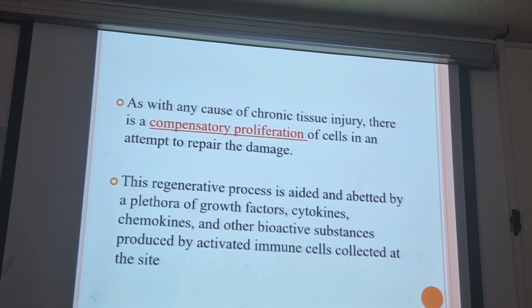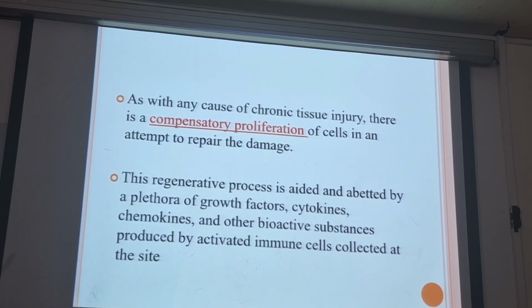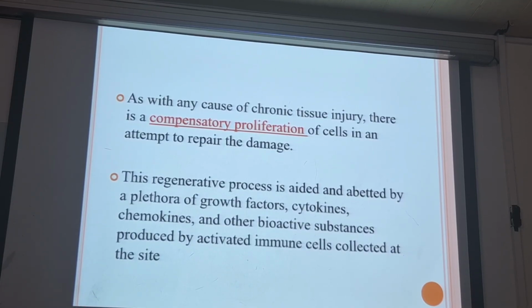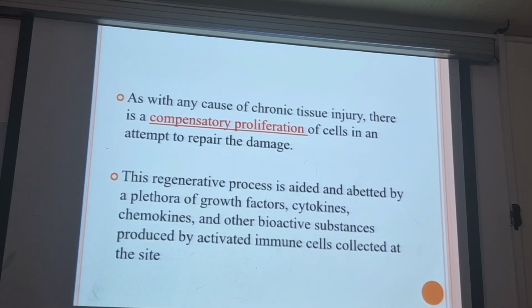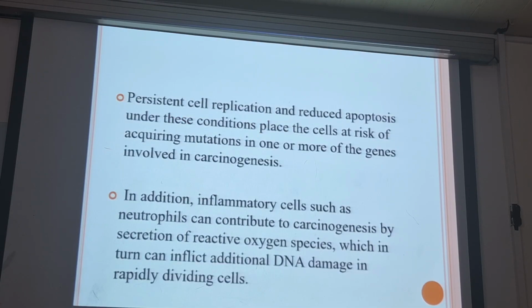This regenerative process is aided and abetted by a plethora of growth factors, cytokines, chemokines, and other bioactive substances produced by activated immune cells collected at the site. Persistent cell replication and reduced apoptosis under this condition place the cell at risk of acquiring other mutations in one or more of the cancer genes.